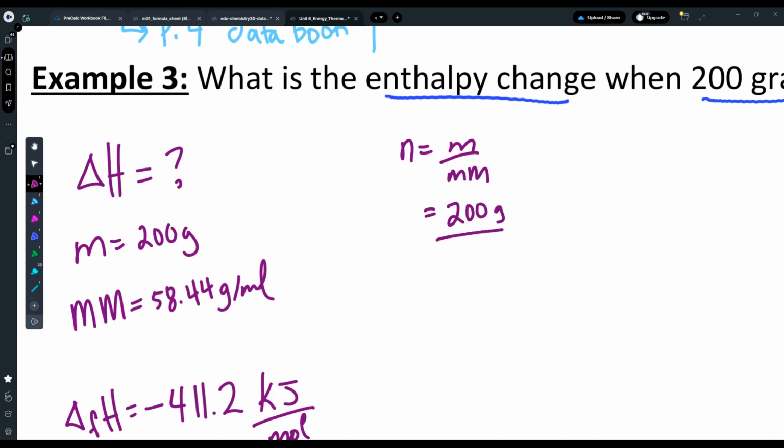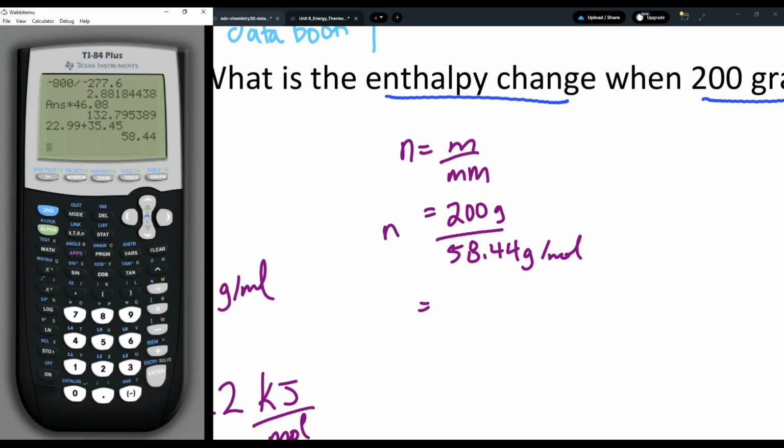So 200 grams divided by 58.44 grams per mole. 200 divided by 58.44 is going to give us 3.4223, goes on forever.